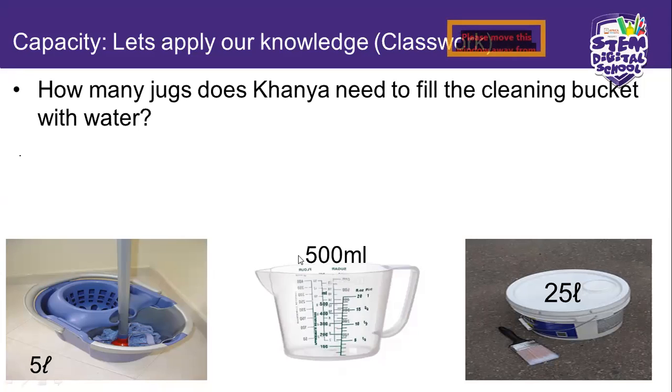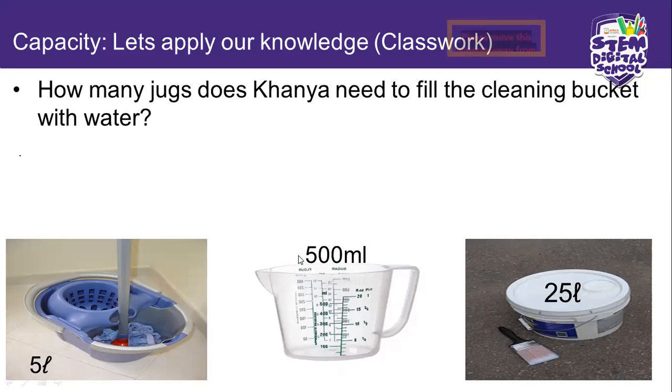Let's go slowly, please. Right? 500 plus 500 is 1 liter. Just write it on your exercise book. Good. Another 500 and another 500 gives you another 1 liter. You can just put 2 next to the second lot. Okay?